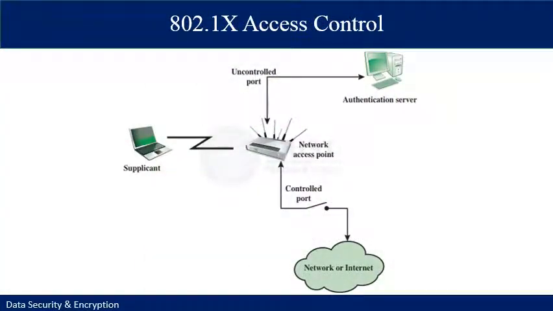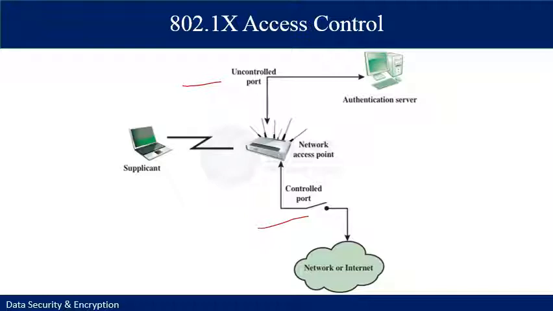So this figure shows 802.1X access control, which uses the concept of controlled and uncontrolled ports. Ports are logical entities defined within the authenticators and refer to the physical network connections.